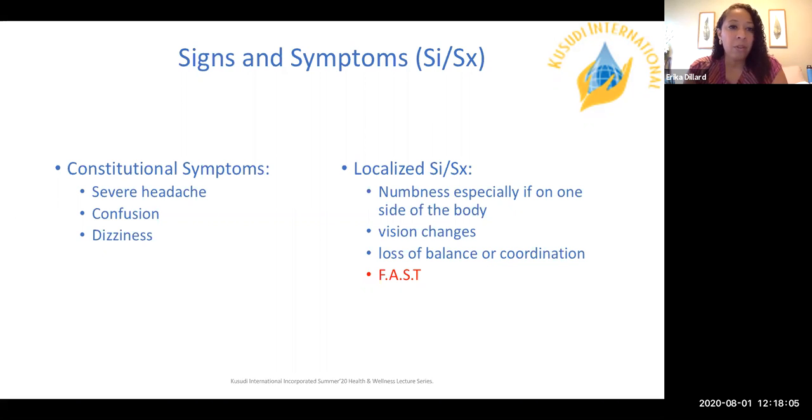But if you couple the presence of constitutional symptoms with localized symptoms, then you should have a little bit more of a heightened awareness that the symptoms that you're feeling could be attributed to a stroke.